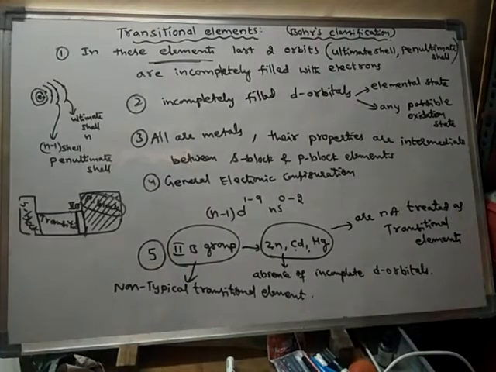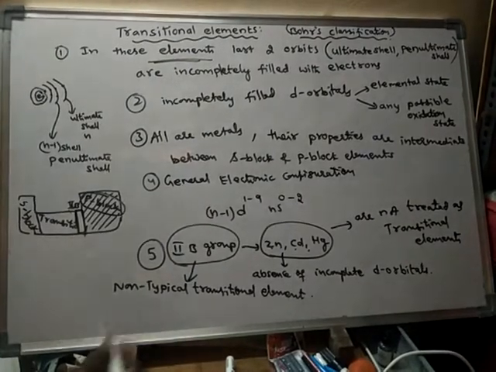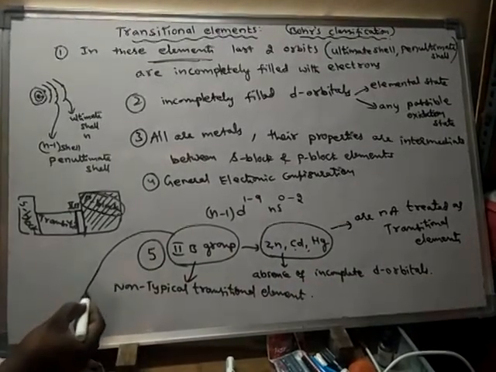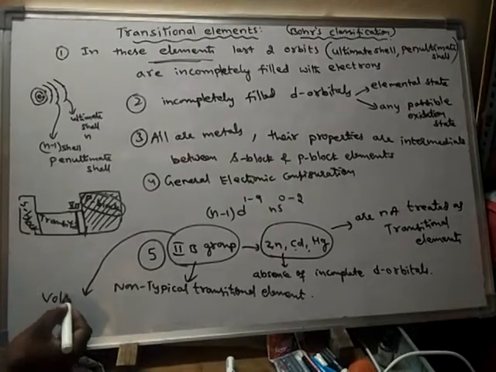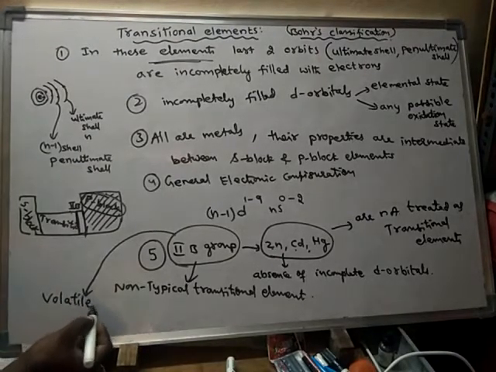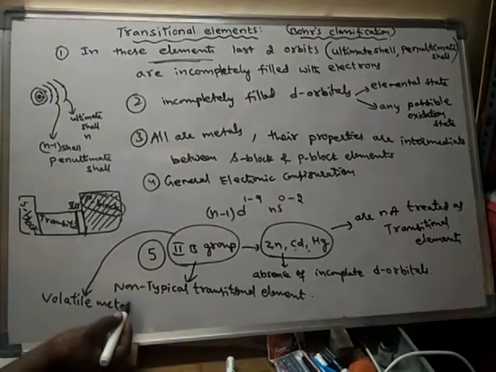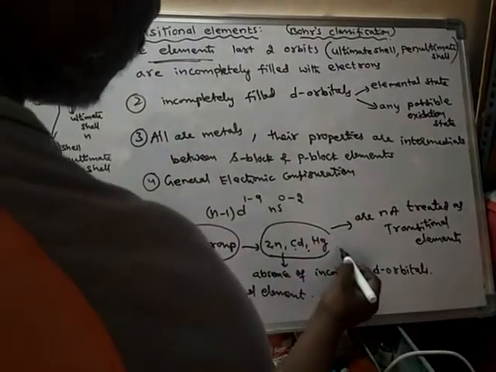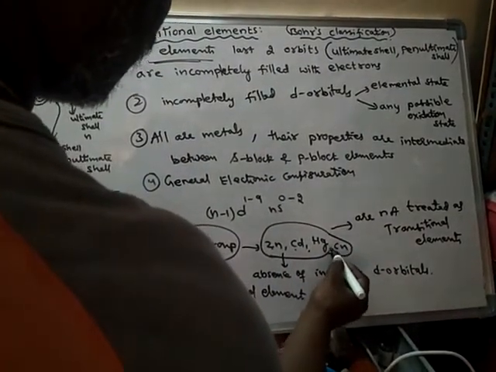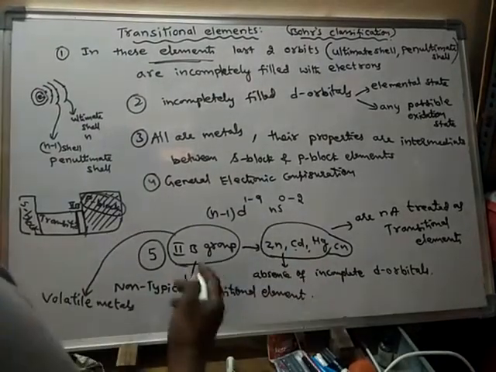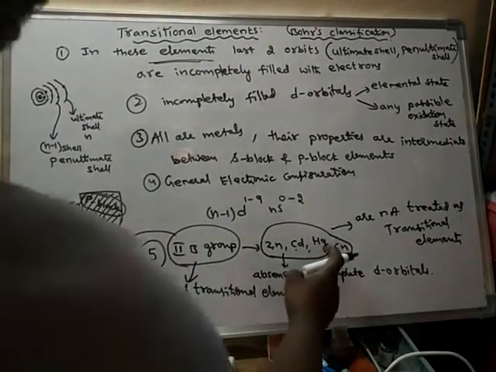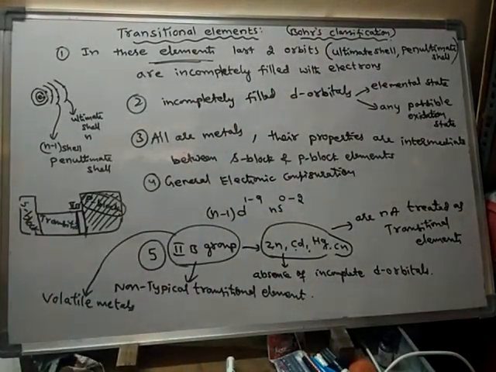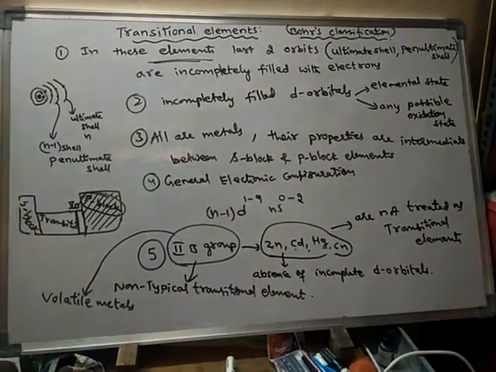They are also called volatile metals, because they can evaporate easily. These three elements and even copernicium, the second B group elements, are not included in any class of Bohr's classification.